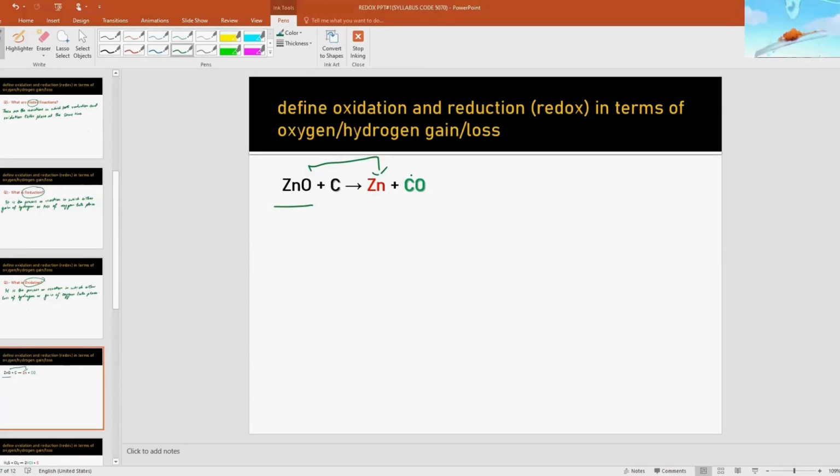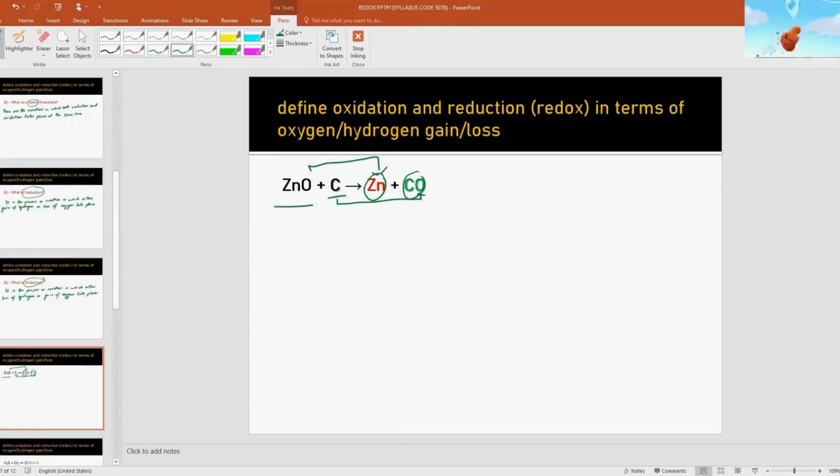On the other hand, C has gained oxygen to produce CO. Therefore, we can say that C has undergone oxidation. Zn is written in red, which indicates that it has lost oxygen, and CO is in green, indicating that it has gained oxygen. The reaction is an example of redox reaction.